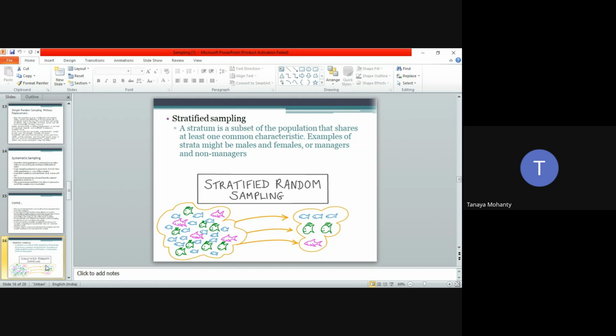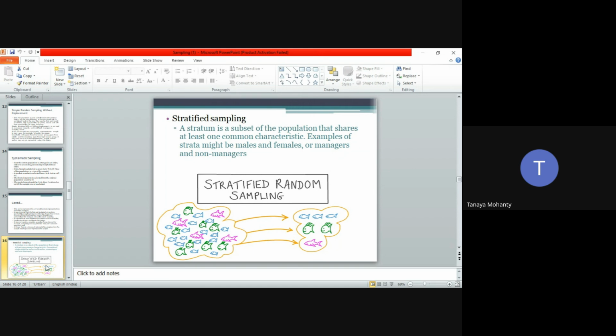So here you can see fish. There are green colored fish. There are blue. There are pink ones. So I see that the maximum number of fish are blue in color. So that's the reason I have chosen three fishes from the entire bucket. Then the second highest number is green in color.